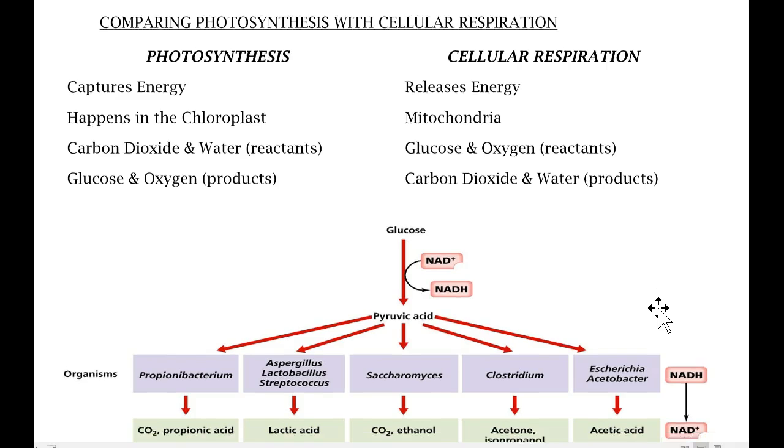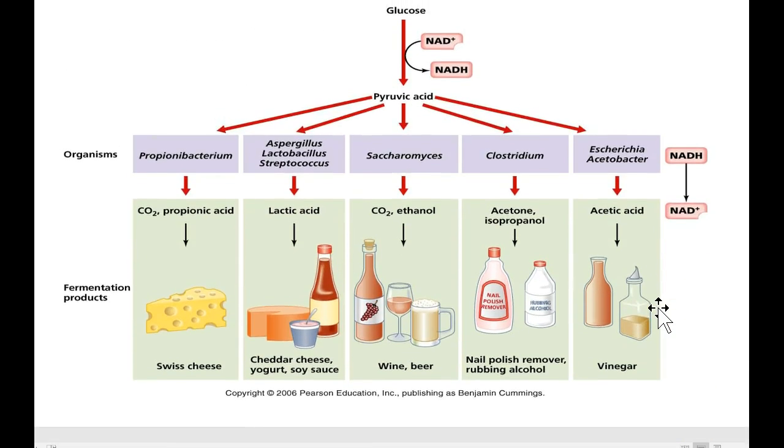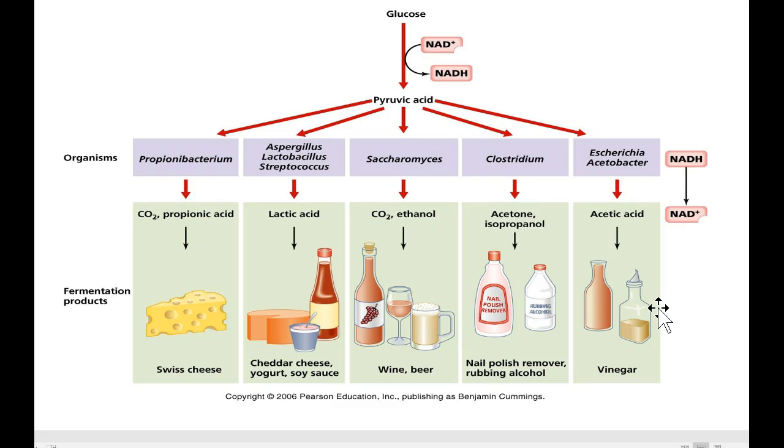So here is a graphic that I picked out to show you the anaerobic respiration part of getting energy, and these are all of the products that can be produced from anaerobic respiration involving that glucose molecule.